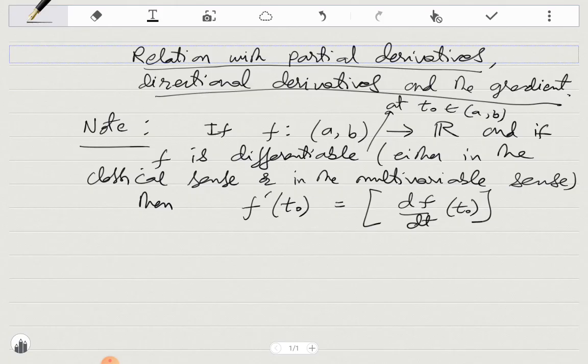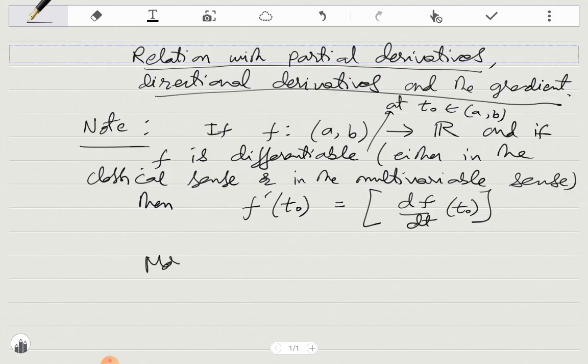I should also say that if f is differentiable in the classical sense, then it's differentiable in the multivariable sense and vice versa, and this equation holds. So this is quite trivial. It's just rewriting the same limit in two different ways. That's how we started the whole discussion of derivatives, if you go back a few lectures.